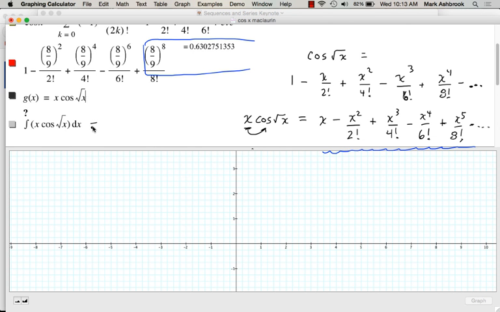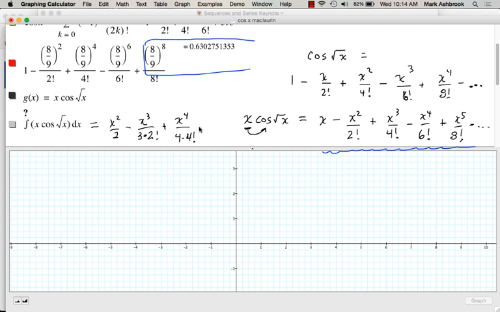So let's get an approximation for the antiderivative of x cosine radical x. X squared over 2, good. Good. Is it minus?